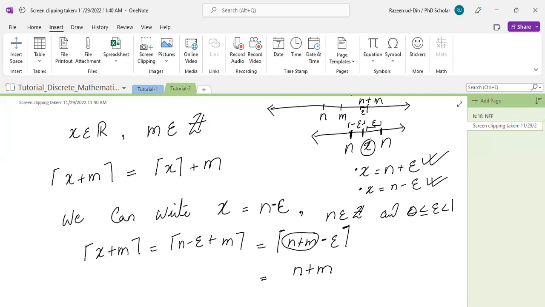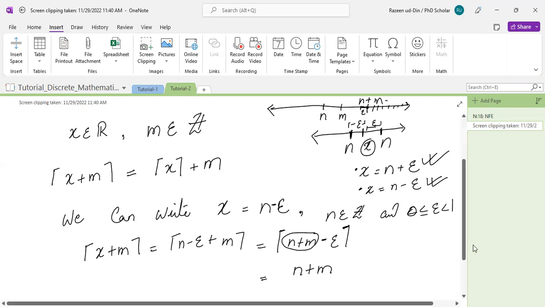So the ceiling of n plus m gives us n plus m, right? Because this is the closest integer which is greater than n plus m and less than all other integers which are greater than n plus m.